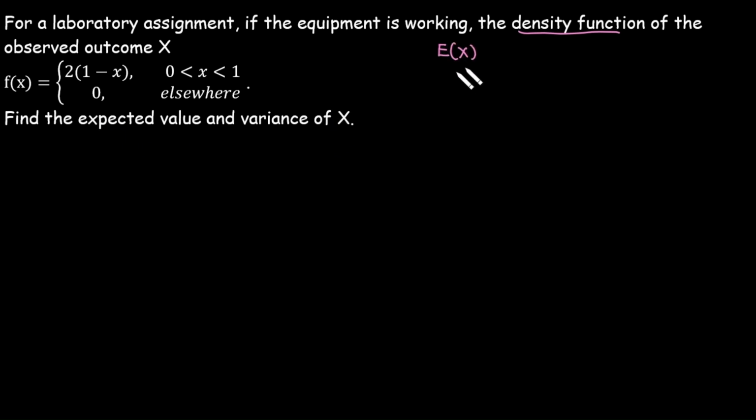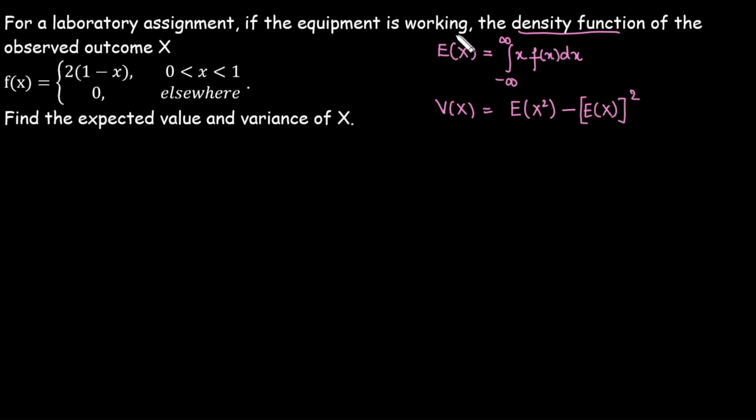So how to calculate the expected value of x in case of continuous random variable? That is integration from minus infinity to infinity of x into f(x) dx. And variance is calculated with the help of expected value, that is E of x square, the expected value of x square, minus expected value of x whole square.